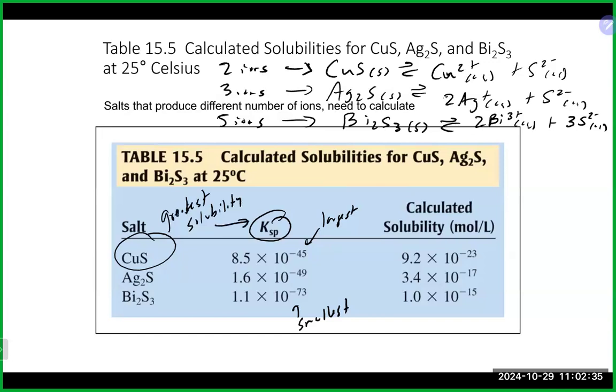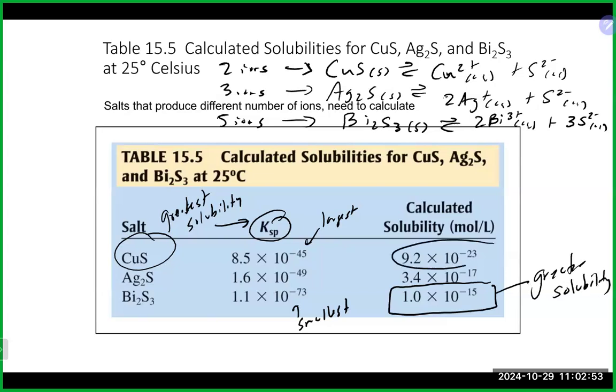But when you actually do the calculations for each of these, like we did before with your ICE table, your S's, and solve for the molar solubility, what we actually see is the one on the bottom has the greater solubility.